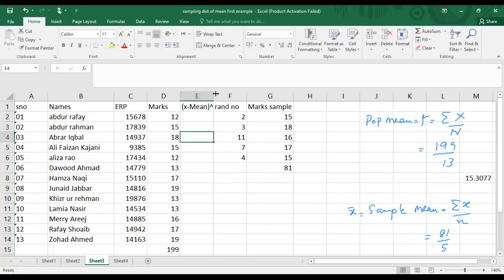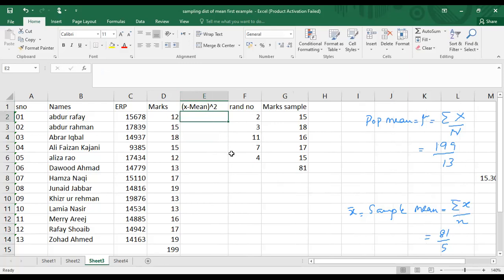I am going to make this column here, and the total of this column is to be calculated. That is equal to X, X is 12, minus population mean. Population mean is 15 point something, minus, and whole square.